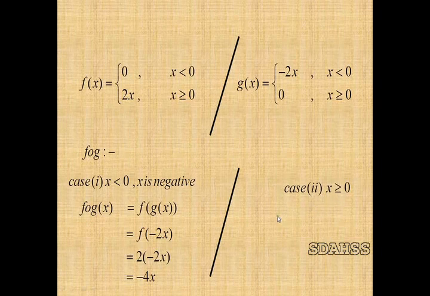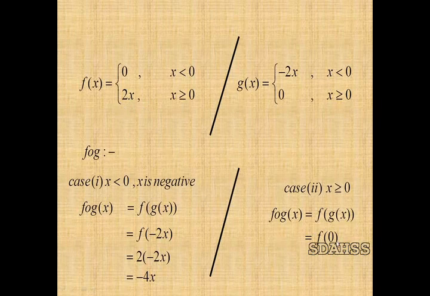Now we want to find f dot g of x. F dot g of x is equal to f of g of x. In the place of g of x, you have to write 0 because x is greater than or equal to 0. So its function is 0. So f of 0. Now look at the function f of x. Here x greater than or equal to 0, its function is 2x.